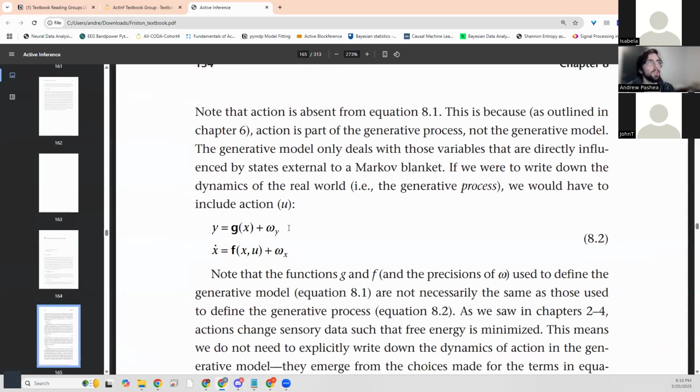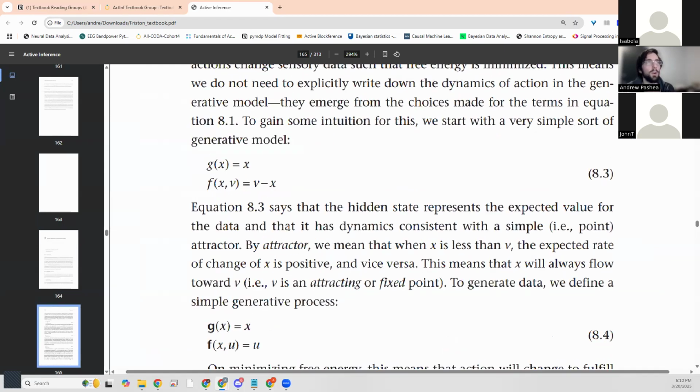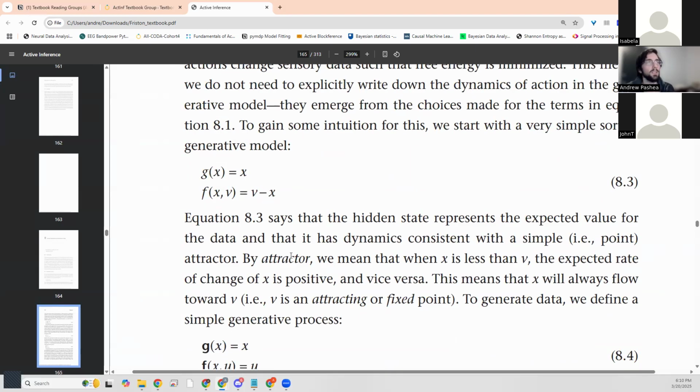So from there, we're introduced to other notions. These are all very standard ideas that, of course, are absolutely not unique to active inference. This is active inference building upon a lot of previous work. And so we're looking at an attractor system, right?